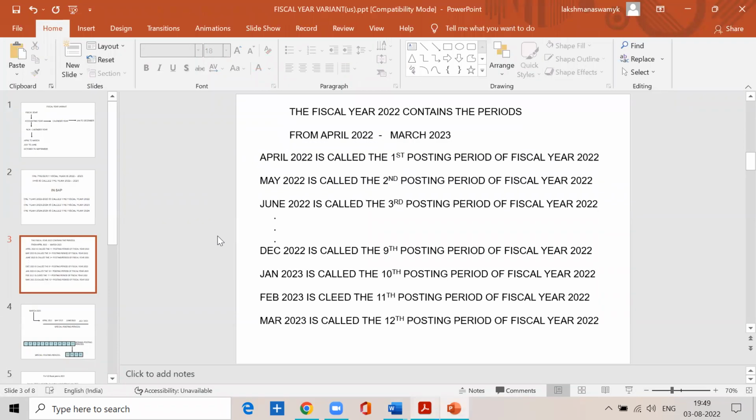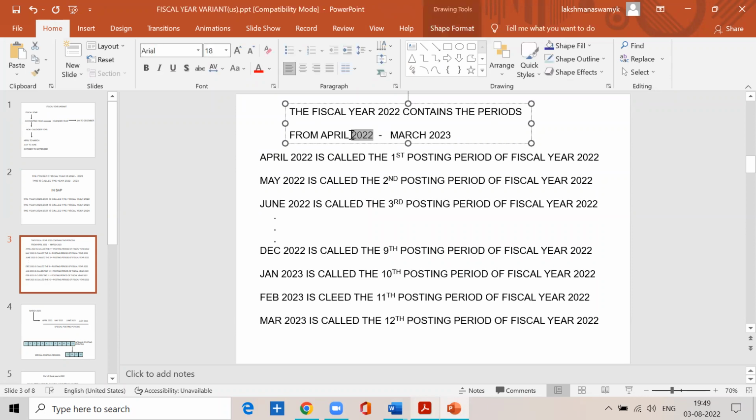Now, look at this. So your fiscal year is 2022, means April 2022 to March 2023. In that case, April 2022 is called first posting period of fiscal year 2022. Similarly, May 2022 is called the second posting period of fiscal year 2022. Then June 2022 is called the third posting period.